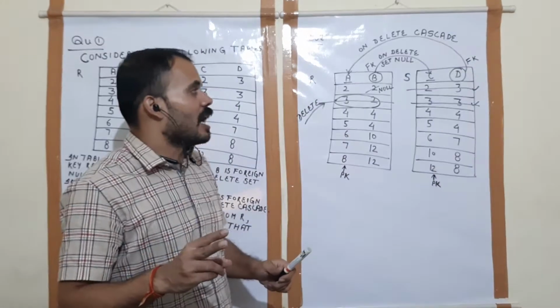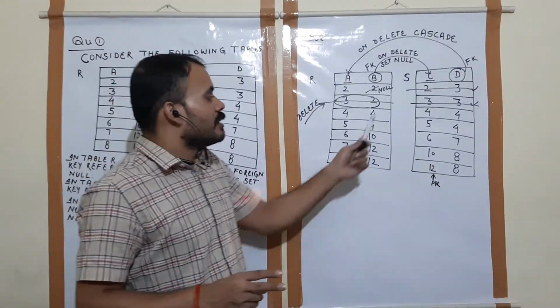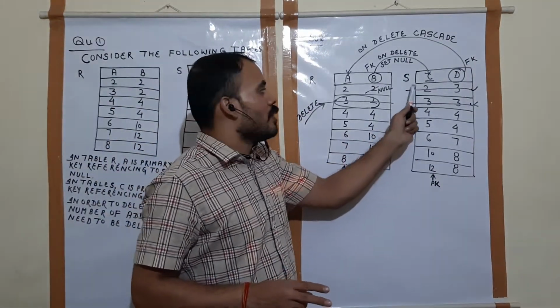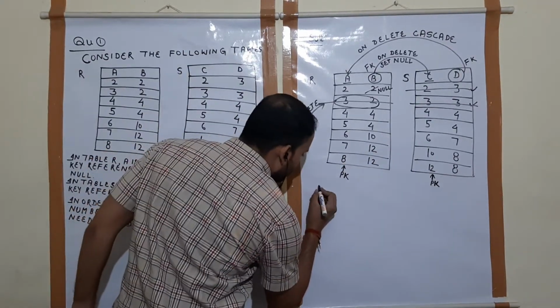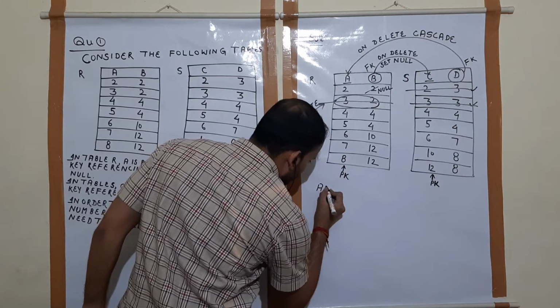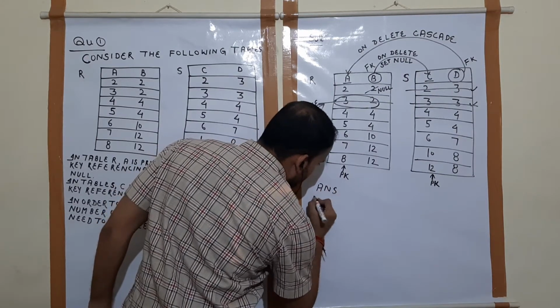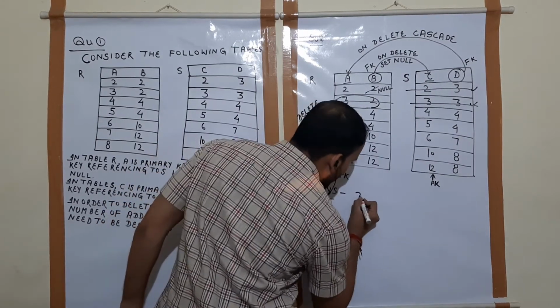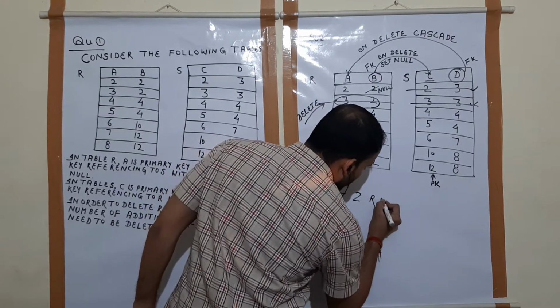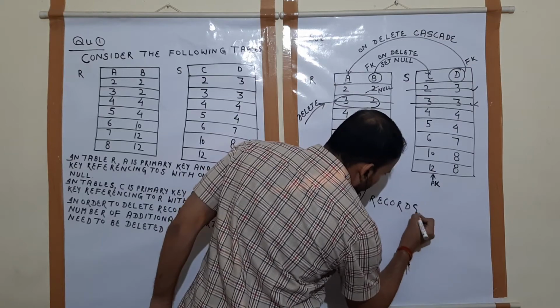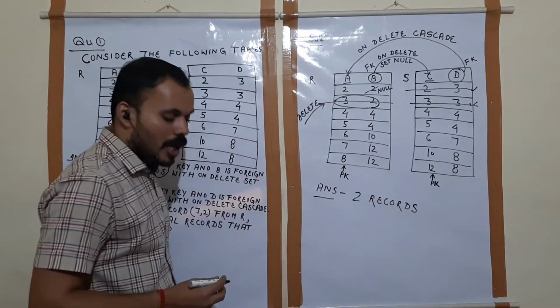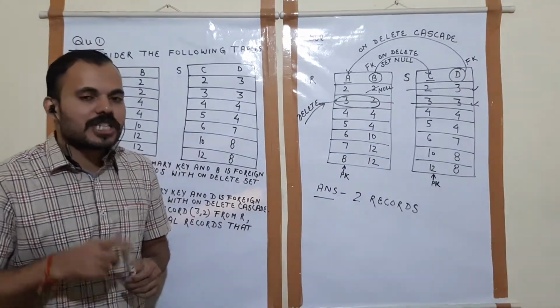Two additional records, this record and this record. So the answer is two records.